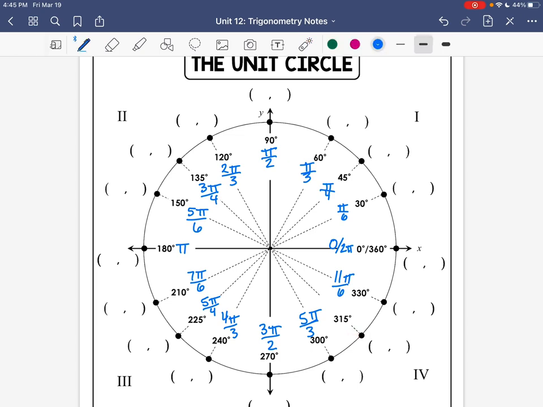So 7 pi over 4 does not simplify, so it's just going to be 7 pi over 4. And then when you get back to here, you get 8 pi over 4, which is 2 pi. So they do all work out very nicely. So those radians, even though they are different and it's not something you're used to using, they're not hard if you follow that fraction reduction.